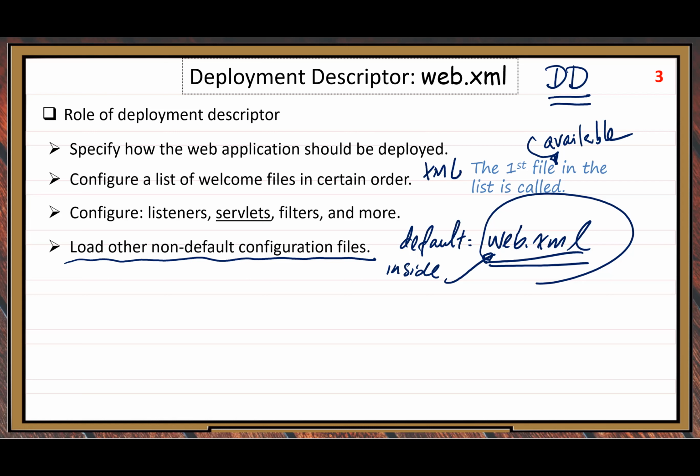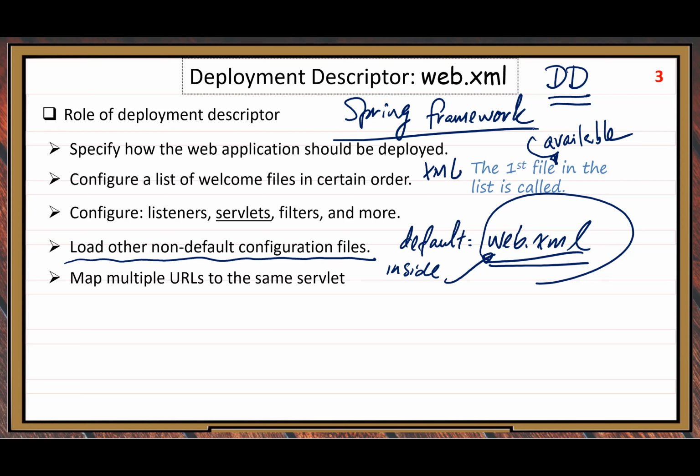For example, the Spring Framework, if some people have heard of it. Spring needs to use its own configuration files, right? That's non-default. So then we need to specify Spring configuration files in our web.xml file. Non-default. Okay. All right.